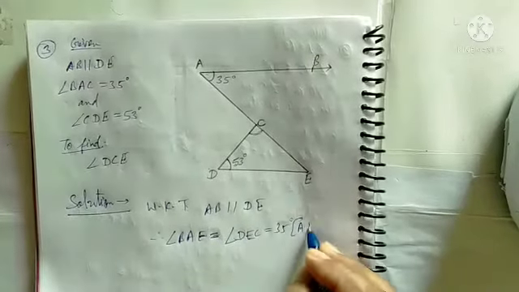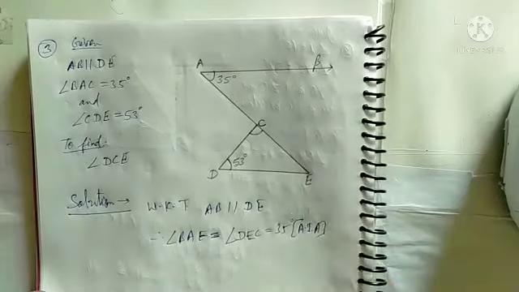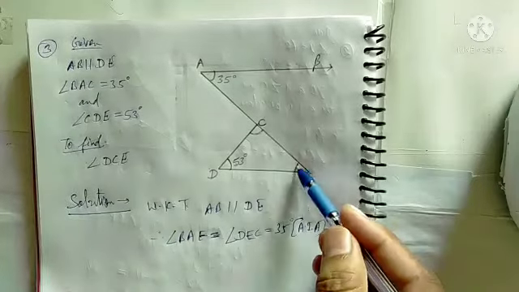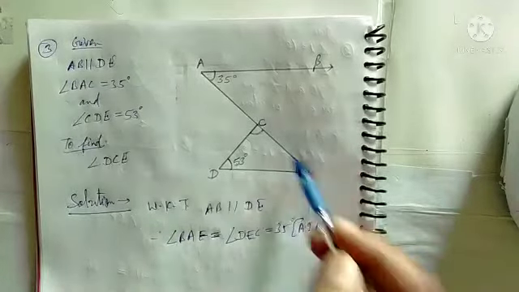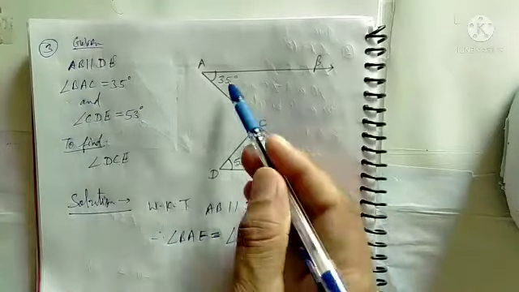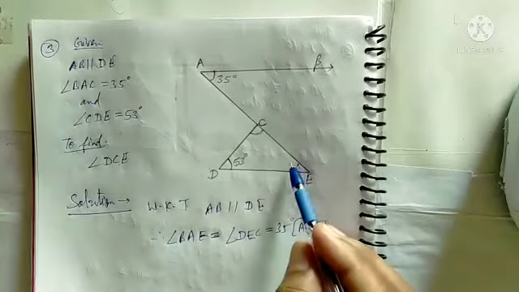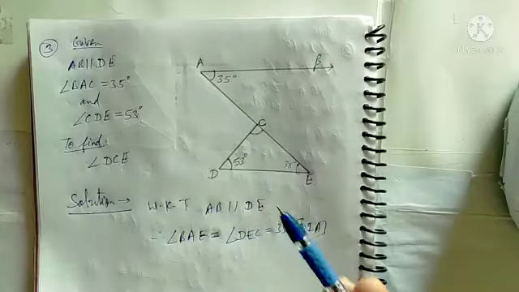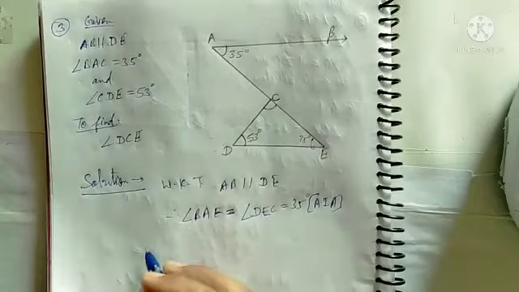Reason: alternate interior angle. This angle and this angle both are equal. Why? We see this is a Z, DEAB is just like a Z, so both lines are parallel. That's why this is 35 degree. Hereafter angle C is very easy.